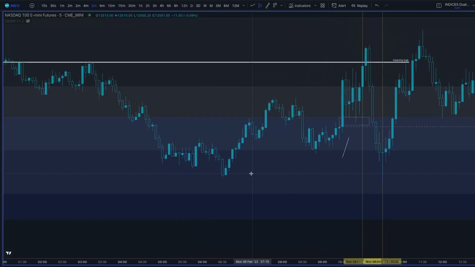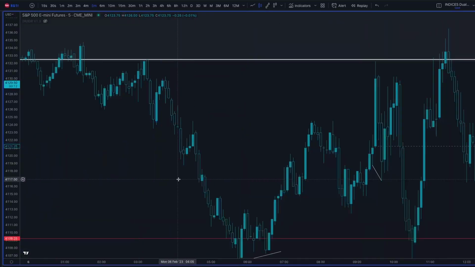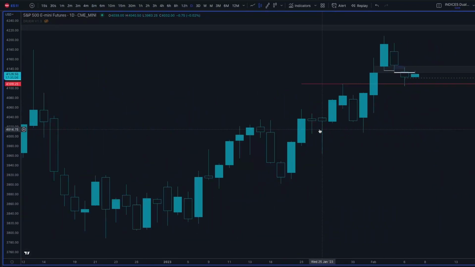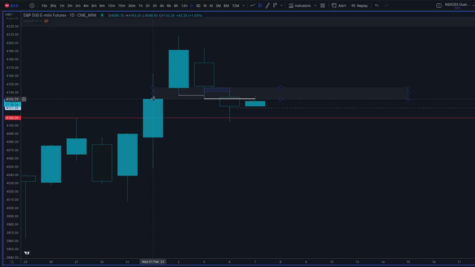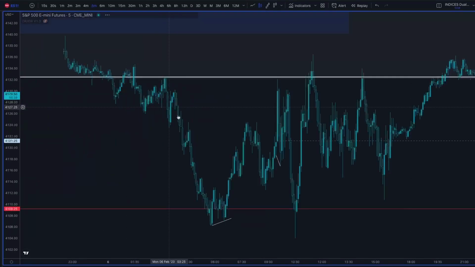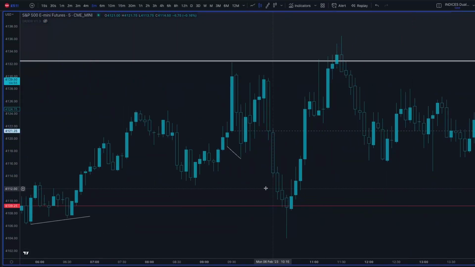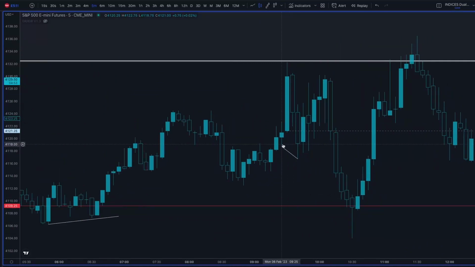And then meanwhile, at the same time, S&P had also a volume imbalance, but it had been trading below it. So you can see this is where the volume imbalance is on S&P. And so that's what this gray box is. And if I go down to, let's say, the 5-minute now, you can see that the same setup, we're pushing into it.